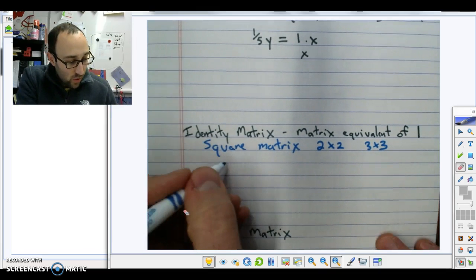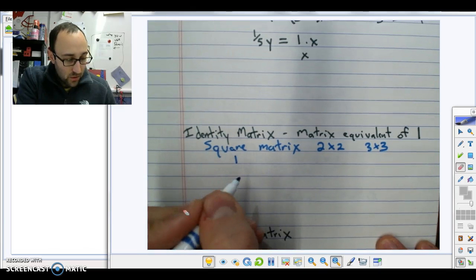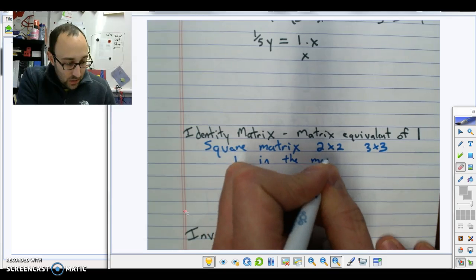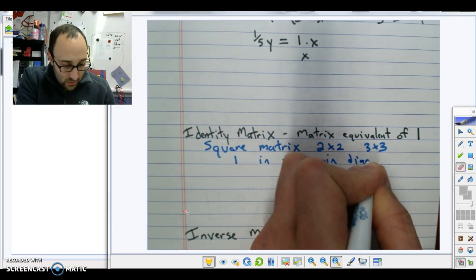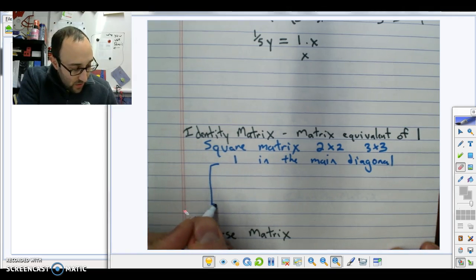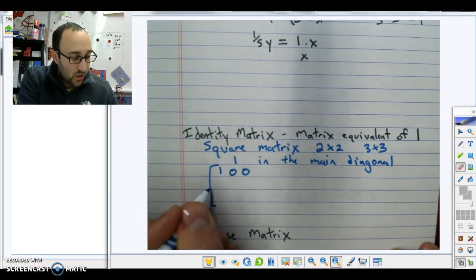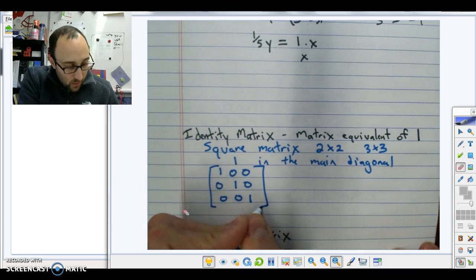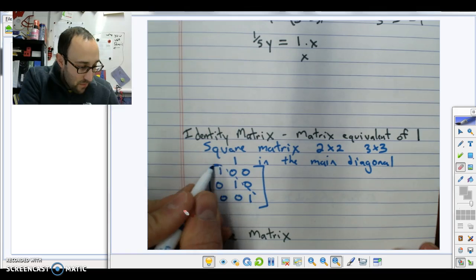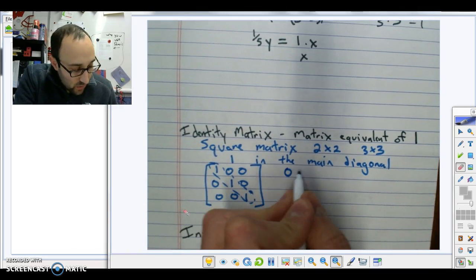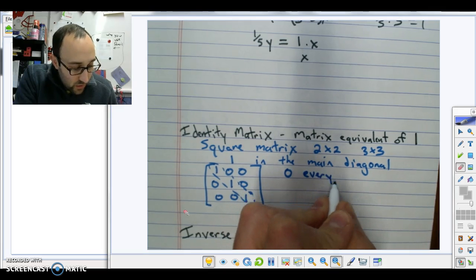Where you have 1s in the main diagonal. So if I have a 3 by 3, I'd have 1, 0, 0, 0, 1, 0, 0, 0, 1. I have 1s in this main diagonal, and 0s everywhere else.